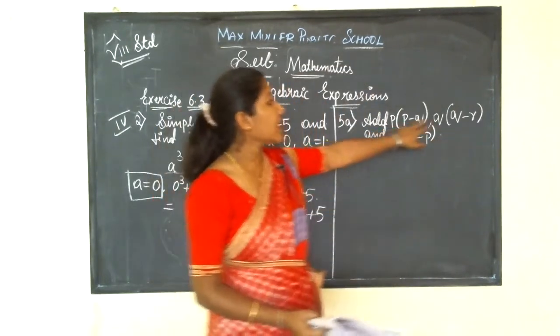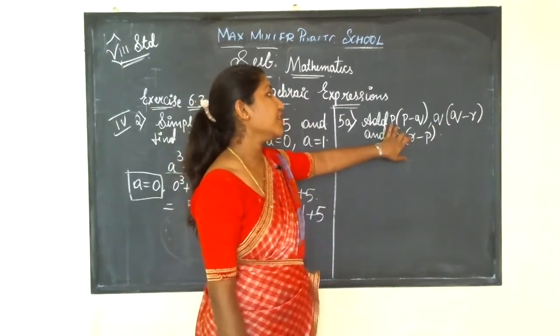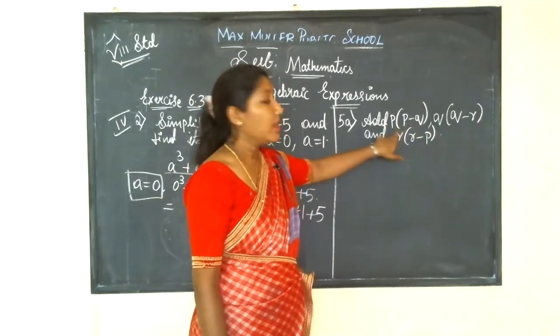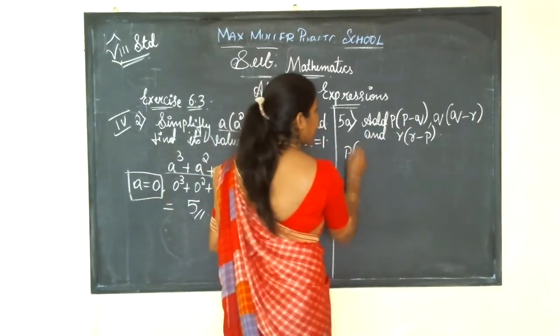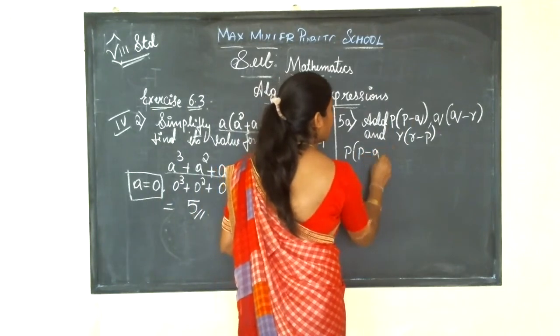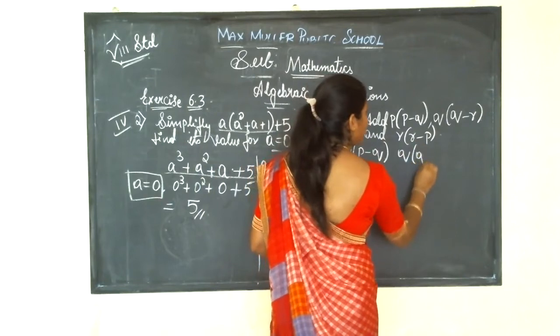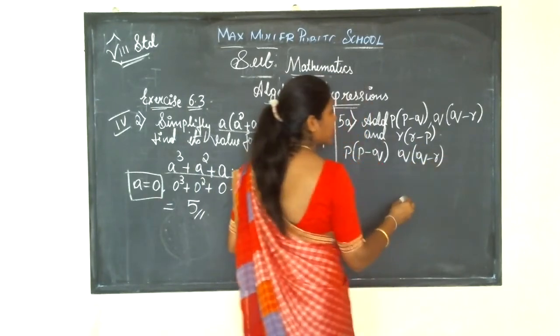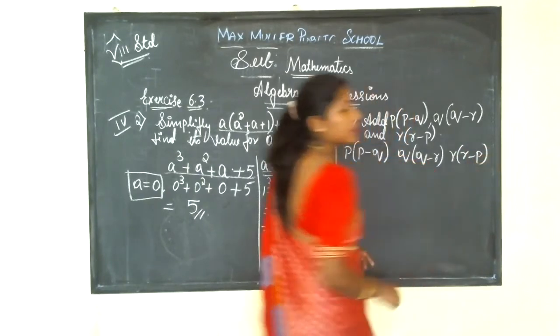Now, here three expressions are given. So, for each expression, you have to multiply a monomial with a binomial. Is it not? That is, p into (p minus q) is one expression, q into (q minus r) is another expression, and r into (r minus p) is another expression.